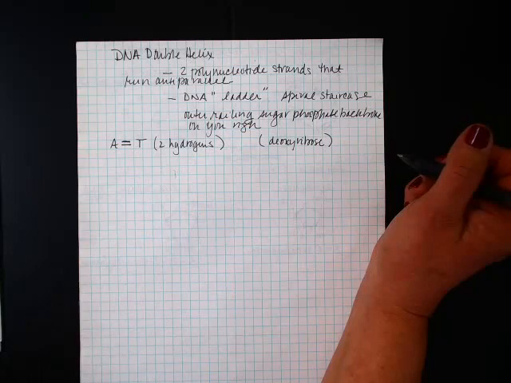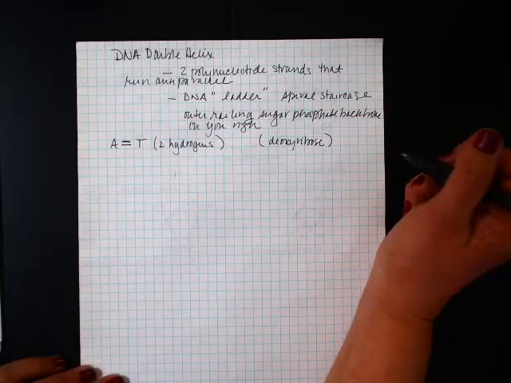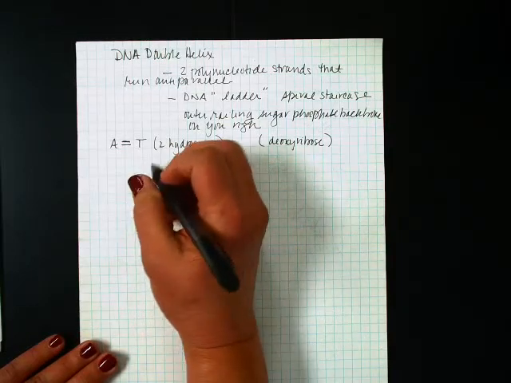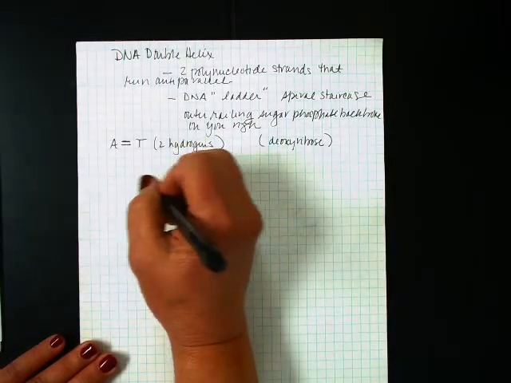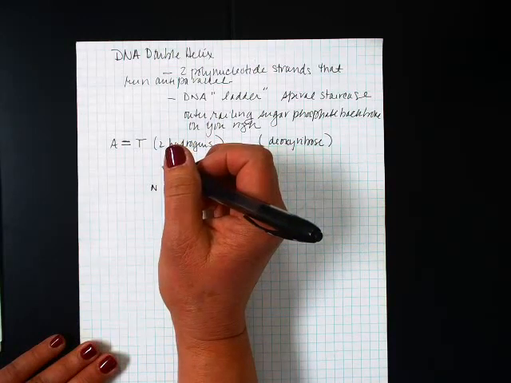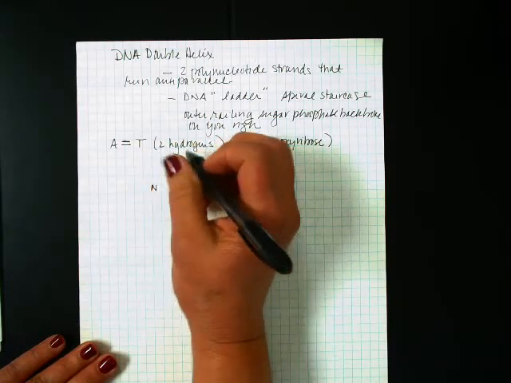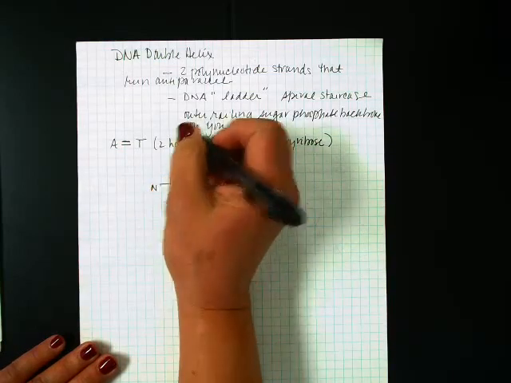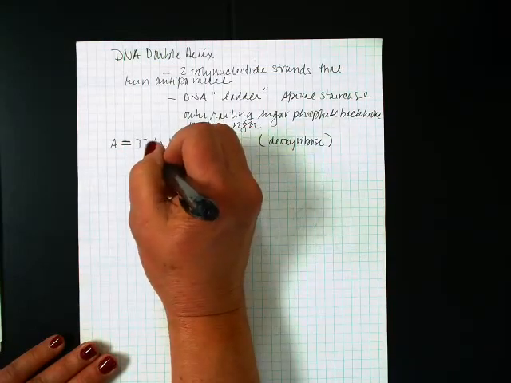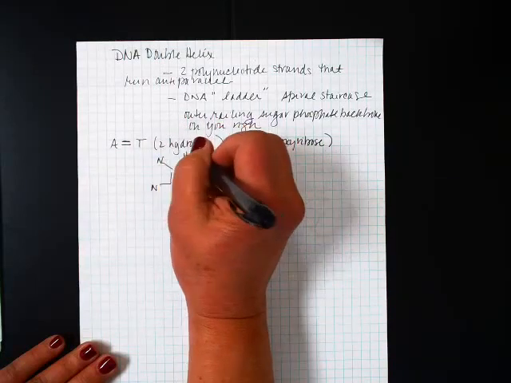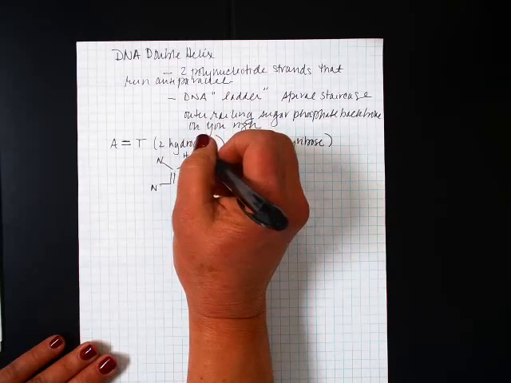So a T base pairing, let's see, let me go here. And this nitrogen, oops, I got one too many hydrogens there.